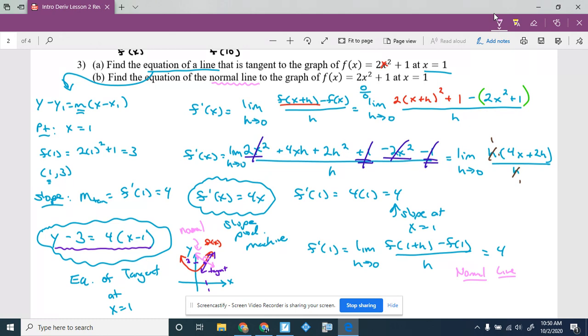So the slope of the normal line, which we can symbolize m perp, is just going to be the negative reciprocal of that. So it would be negative 1/4. Using the point slope formula with the same point, it's going to be y minus 3 equals negative 1/4 times x minus 1. And that would be the equation of the normal line.